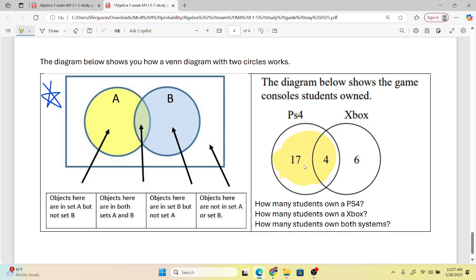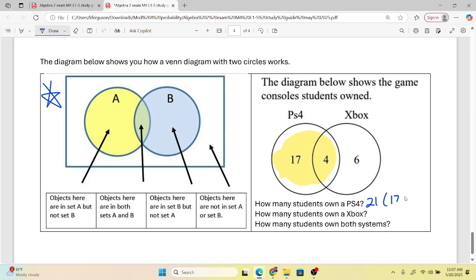If I said, how many students only own a PS4, then it'd have been 17 because those are the ones that only have a PS4. But see, the four got both. So if I ask how many folks own a PS4, it's both of those. So that's 21.